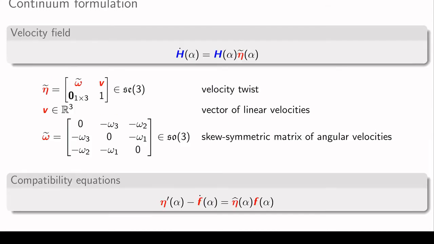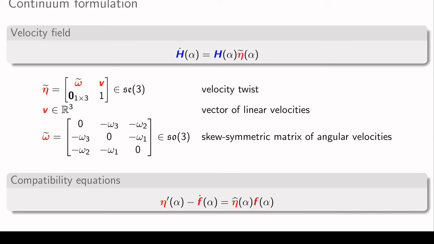By taking the time derivative, we obtain the velocity field, so again the velocity twist with its main components, linear and angular velocities. And the compatibility equations describe the relationship between the cross derivatives.